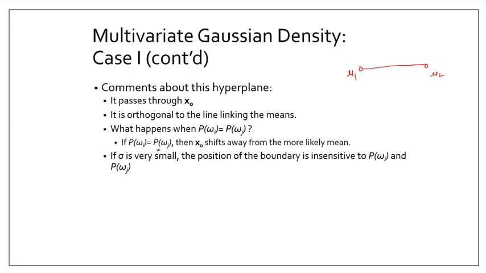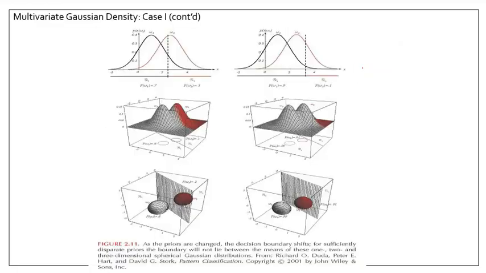The line joining these two points, if you draw a perpendicular to this, then this will be the decision boundary. So logically it seems good and correct that you are dividing the space into two halves. Okay, so that is what this derivation is telling you.